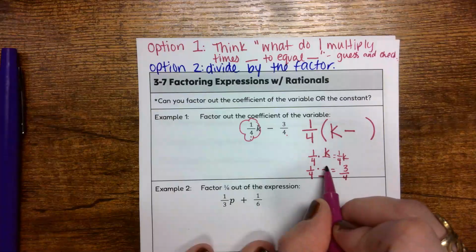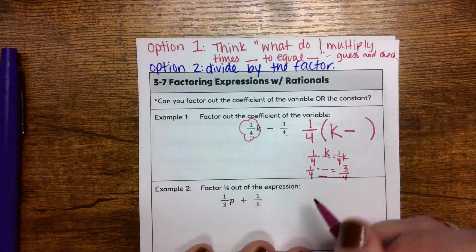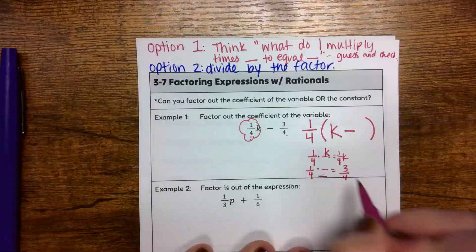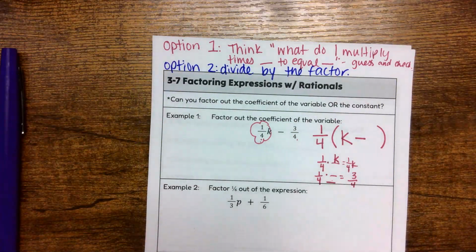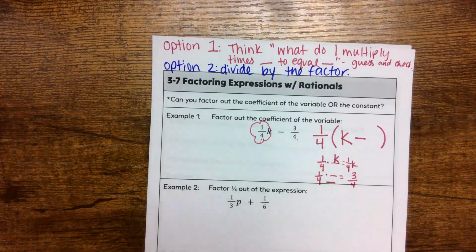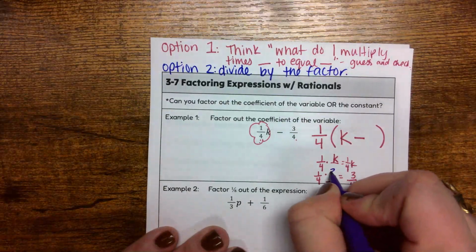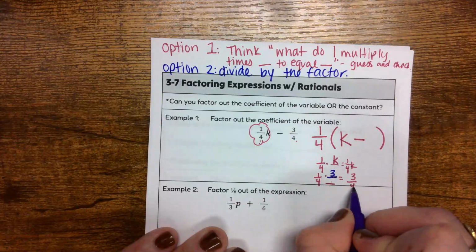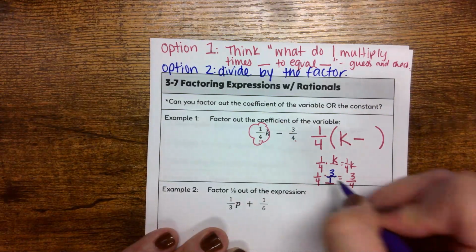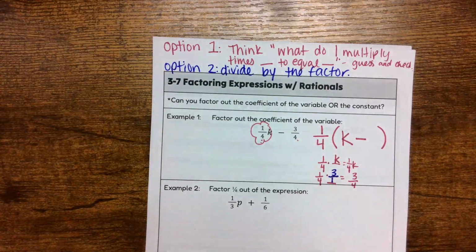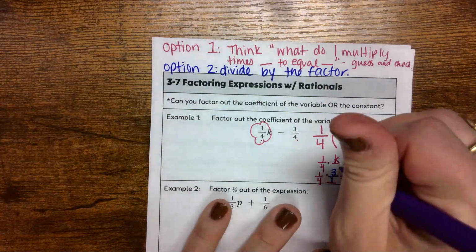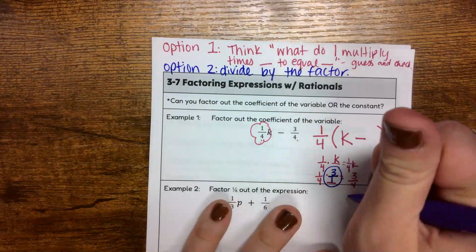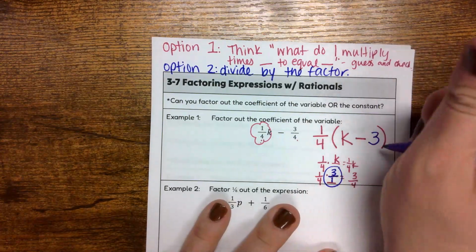So numerator times numerator equals numerator. 1 times what equals 3? Well, I know that 1 times 3 is 3. And then 4 times what equals 4? 1. 4 times 1 equals 4. So this number here is 3/1, or just 3.